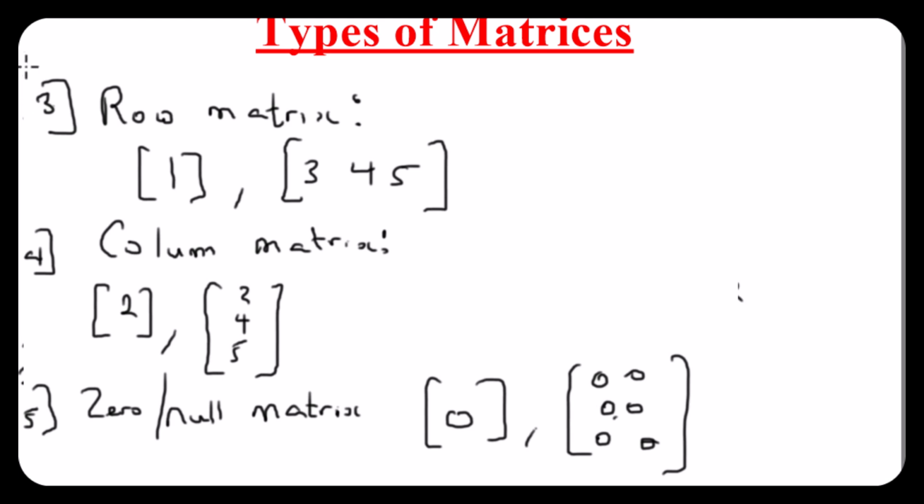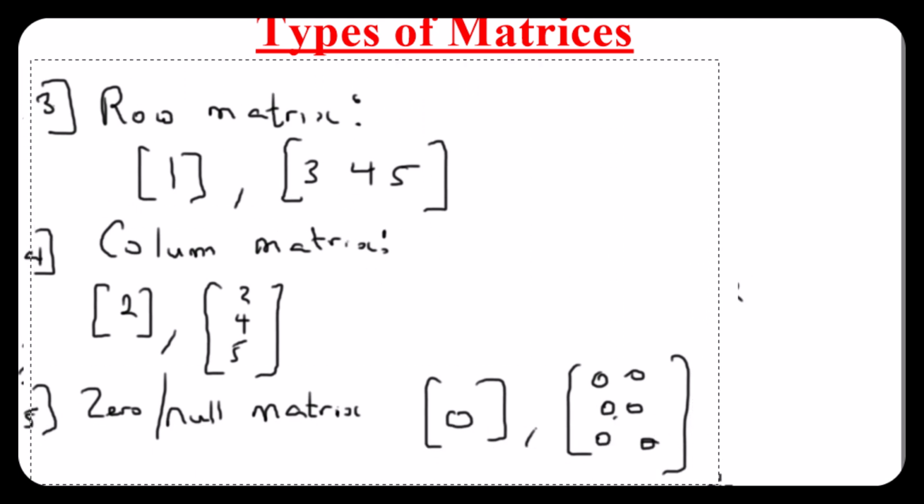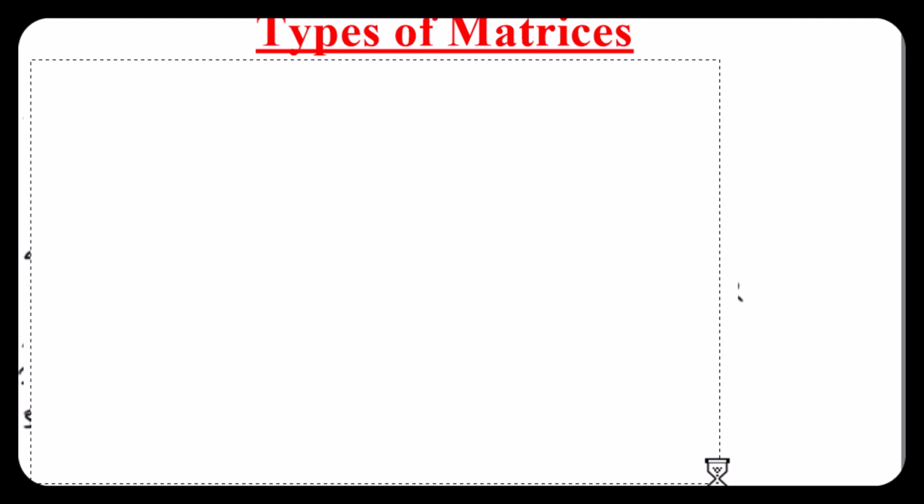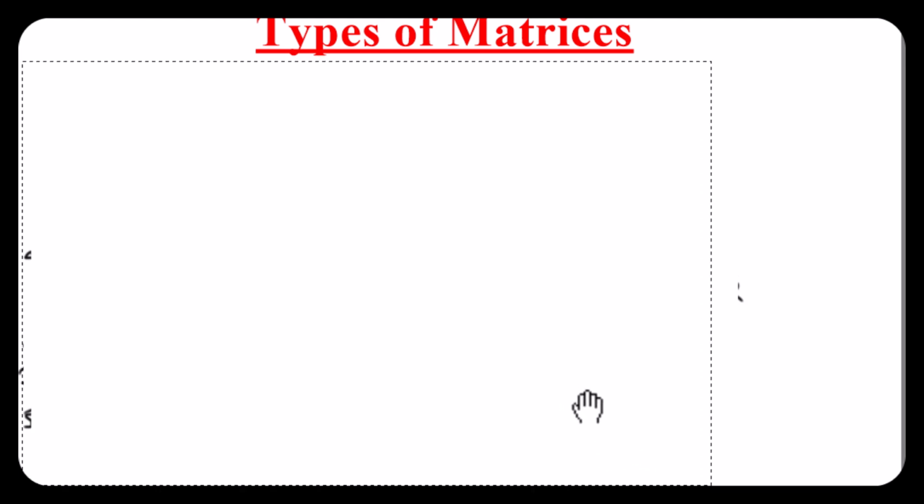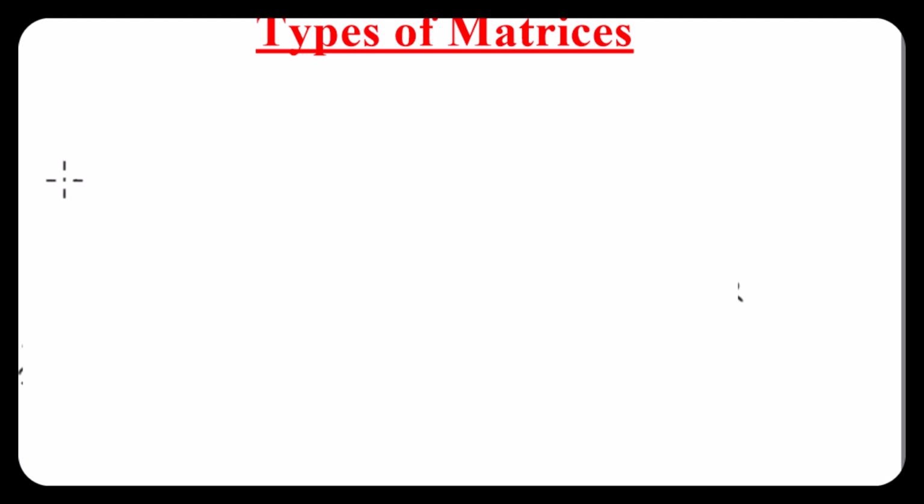All right, so number 6, moving on to diagonal matrices. So what does a diagonal matrix entail?